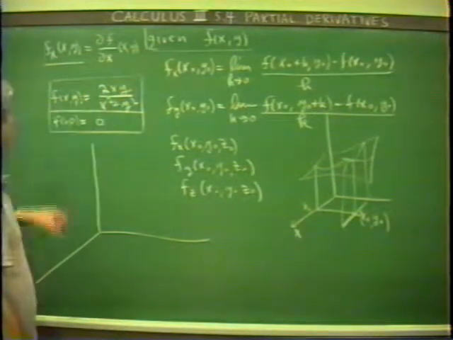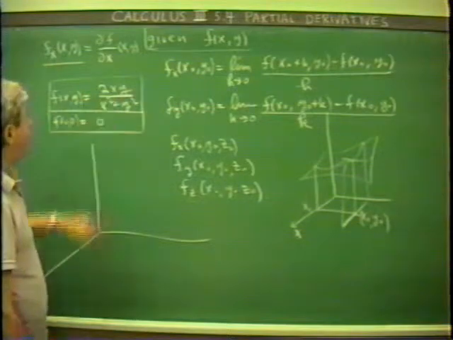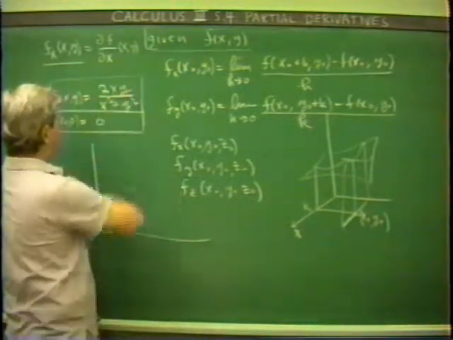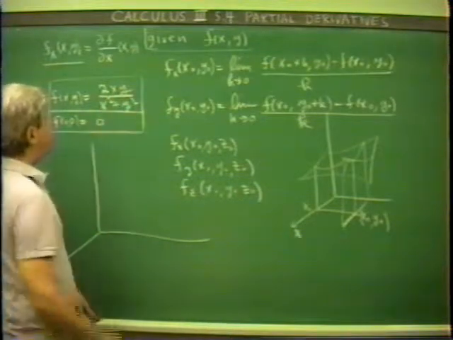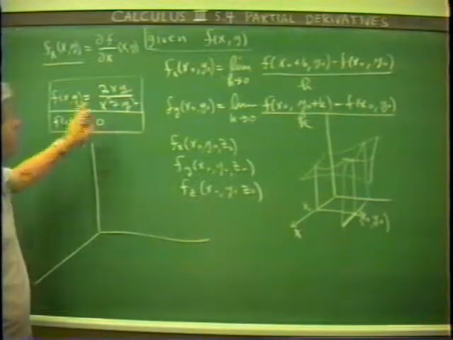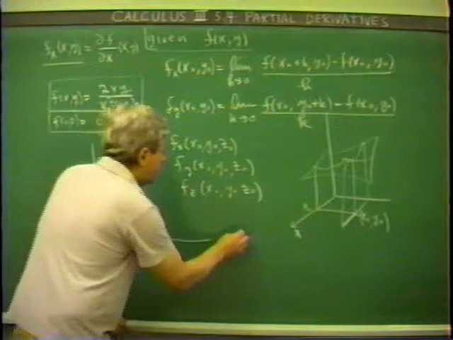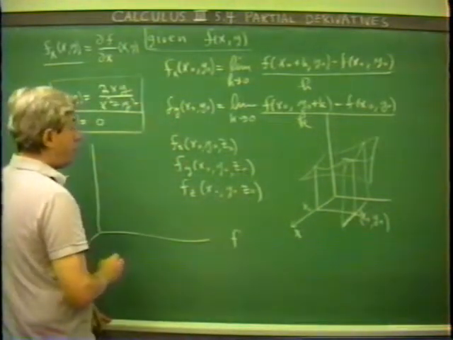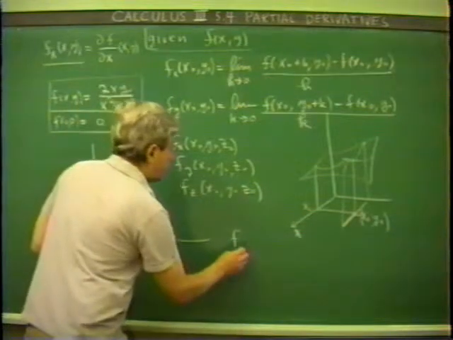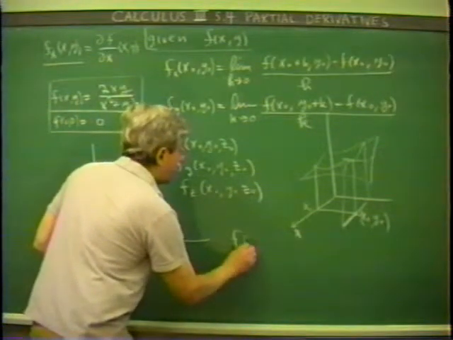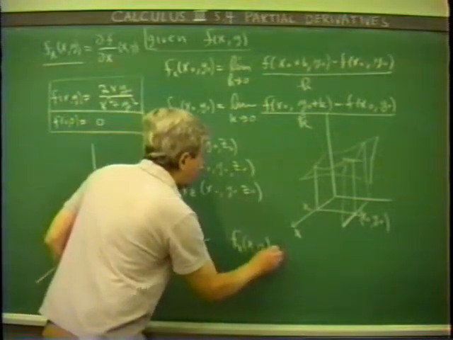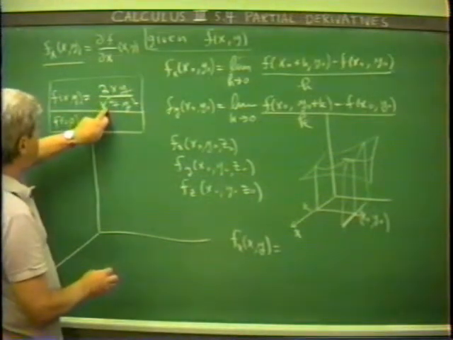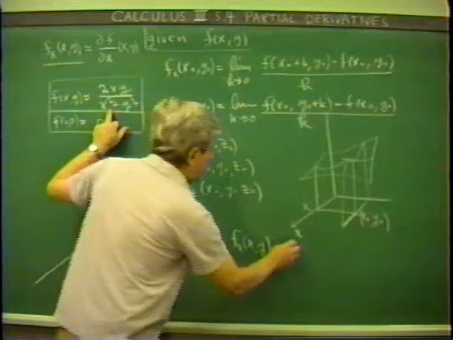Notice that the partials here all exist, and you can compute these partials at a point x, y as follows. Fix x and differentiate with respect to y. Treat x as if it were a constant and differentiate with respect to y. So the partial with respect to x here, for example, at a point x, y, is going to be given by fixing y, differentiating with respect to x.